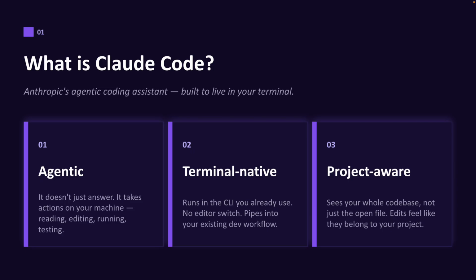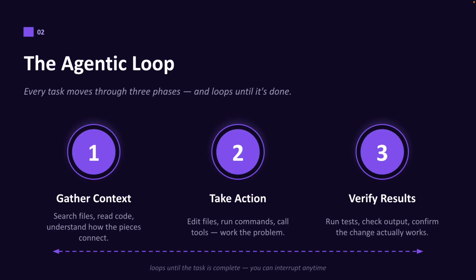Next, we'll talk about the agentic loop, which is a very important concept in Claude Code. So what is an agentic loop? Here is the core idea. Every time you give Claude a task, it works through three phases. First phase, it gathers the context, which means searching files, reading code, understanding how things connect.